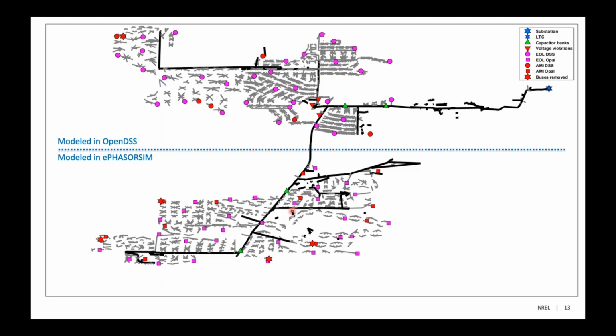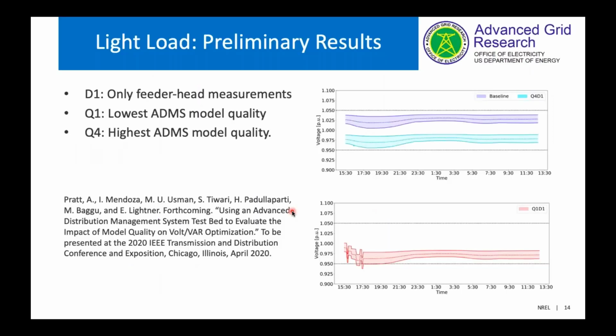In this case, we modeled the secondary network as well, so that we could look at secondary voltages. And here are some results to give an idea of the type of results that we have obtained using the testbed. These will be presented at the IEEE T&D conference in a couple of months.